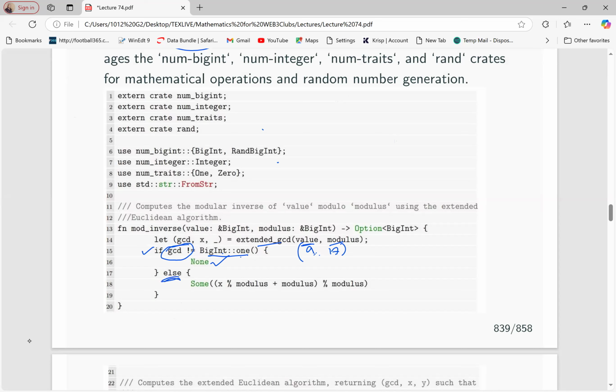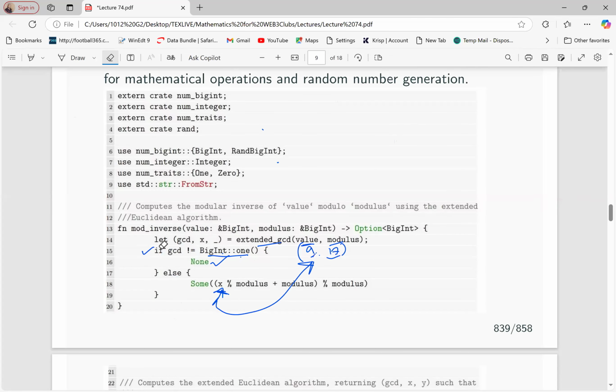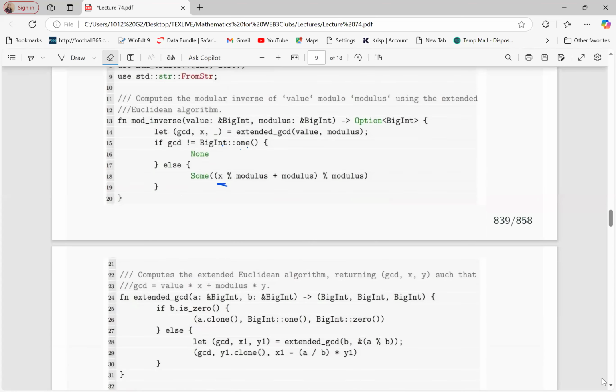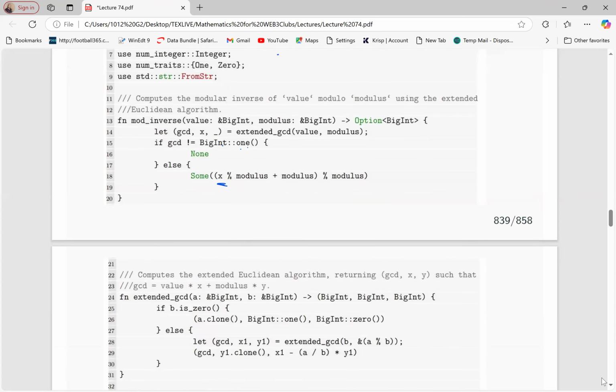Else, if the GCD of A and 17 is 1, then there is a value X, which is the inverse of A. And you have seen cases in our example above where finding the inverse was very important, and we did that.